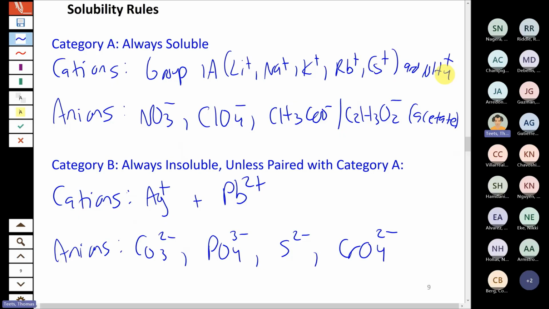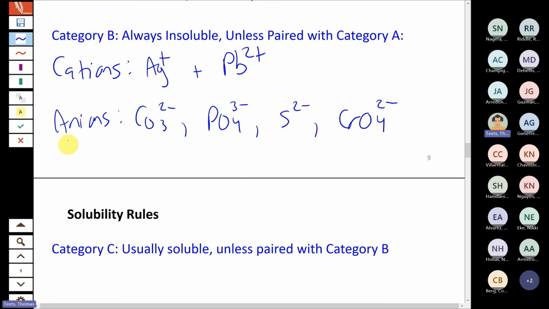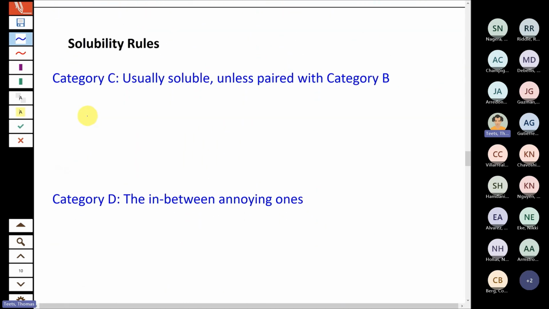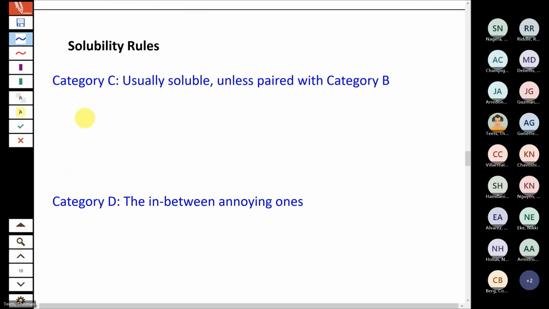Now, the last 2 rules here are a little bit trickier. What I'm calling category C here are ions that are usually soluble unless they're paired with one of those cations from category B. The ones that fall in this category are 3 of the halides: Cl-, Br-, I-. Most ionic compounds with these anions are soluble, again, unless it has silver or lead, the two cations that are always insoluble.